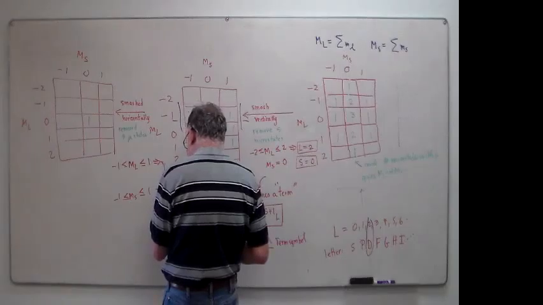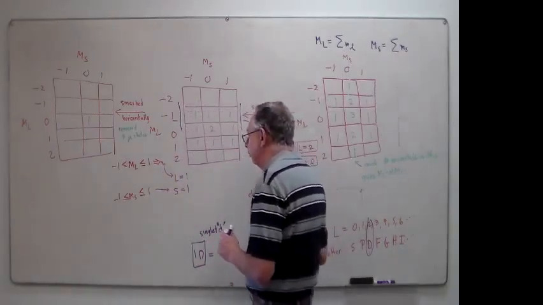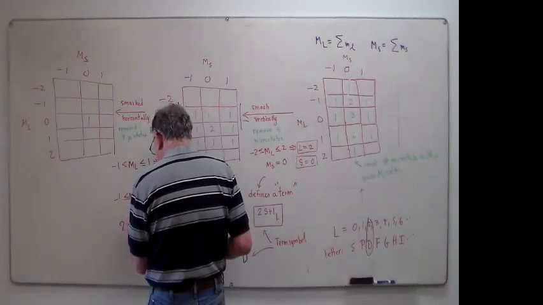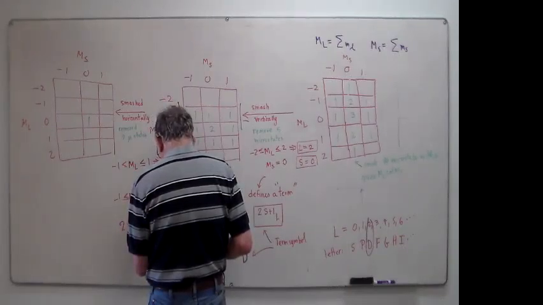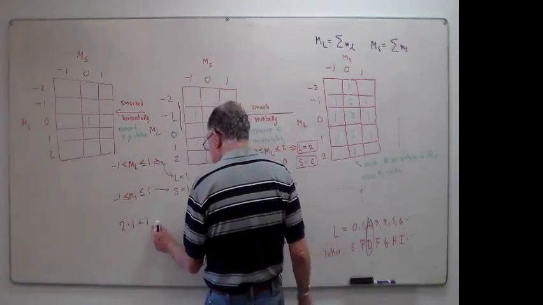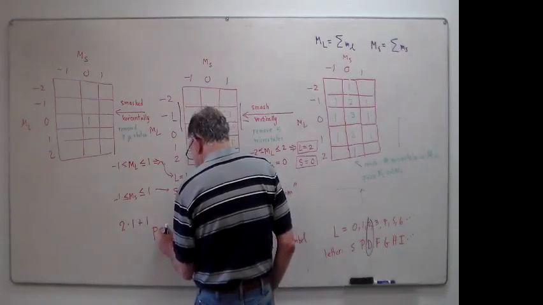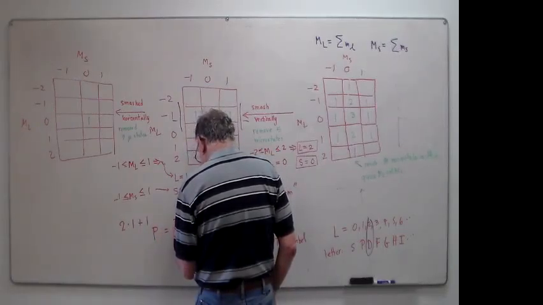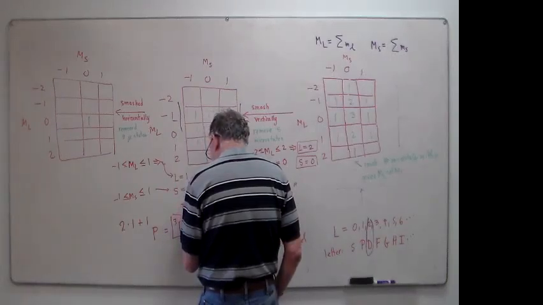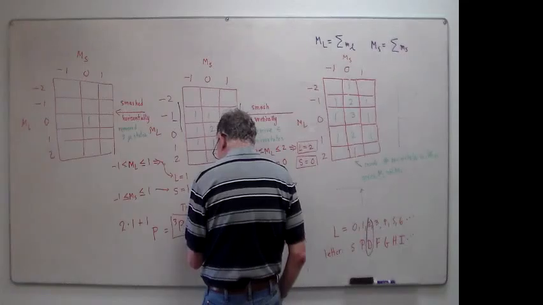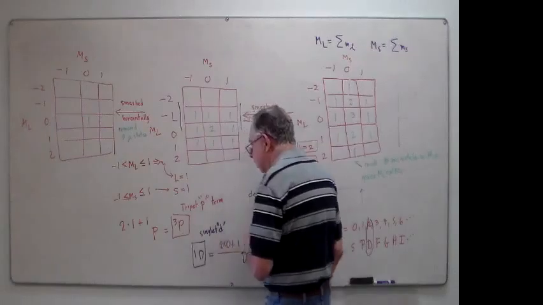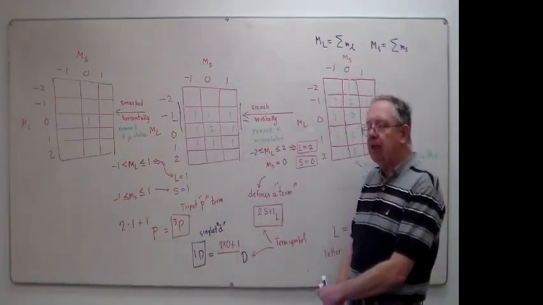Therefore, S also equals 1. Therefore, 2 times 1 plus 1 to the 1, and for L equals 1, that's a P. This is a triplet P. That is the triplet P term.